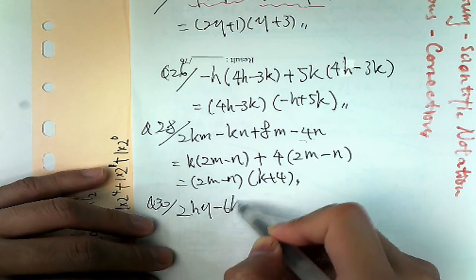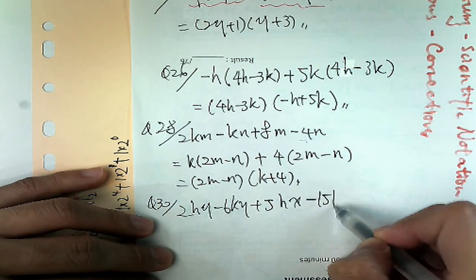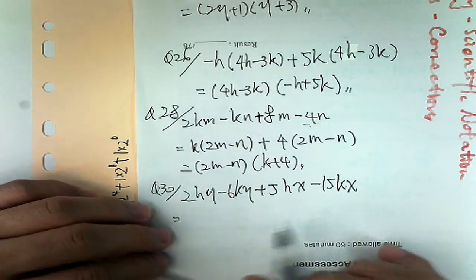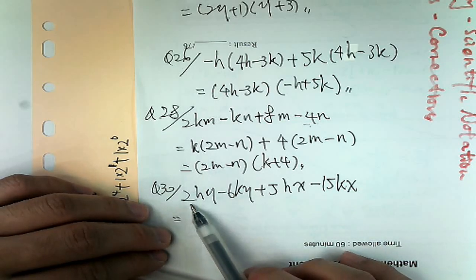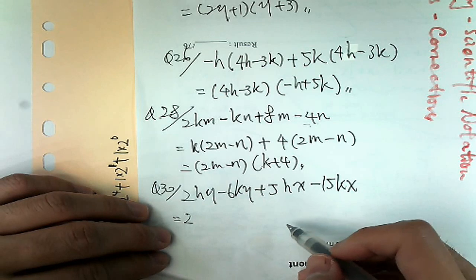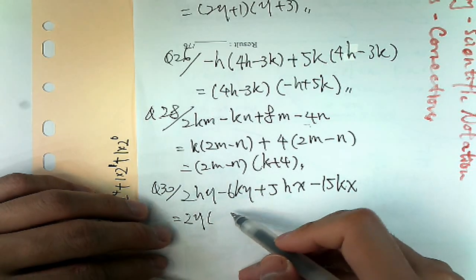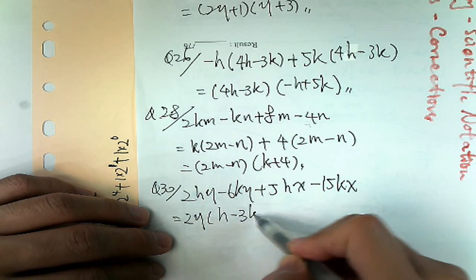So go to 30, copy 2hy - 6ky + 5hx - 15kx. Okay, so we can try the first two terms. Something in common, yeah. Okay, 2 and 6 you can pull out 2, right? And then you can pull out y, right? So what is in the bracket is h - 3k.